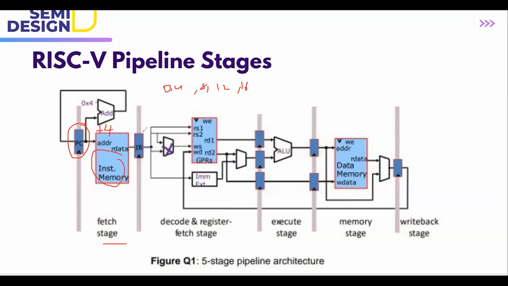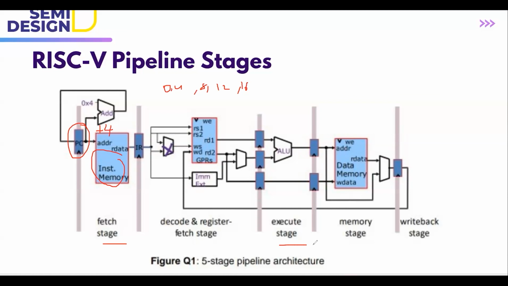So PC is equal to PC plus 4. That is how the processor fetches the instructions from the memory, and the decoder will decode the instructions based on their type, whether immediate type, register type, or load and store type.